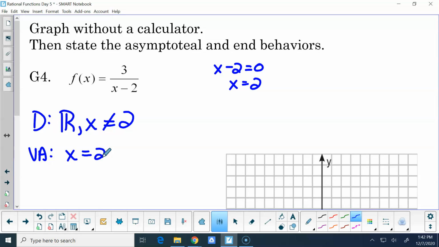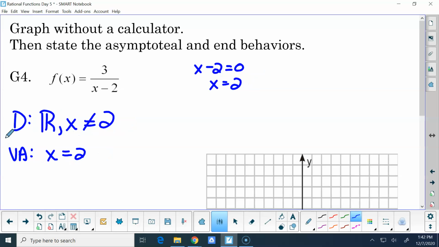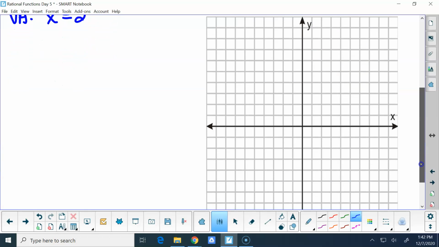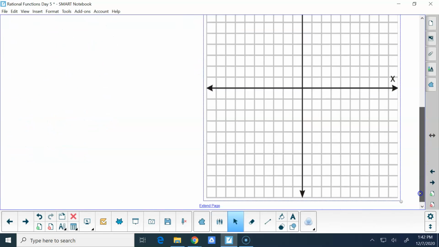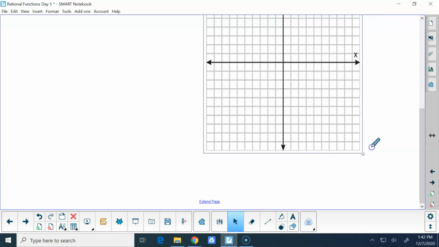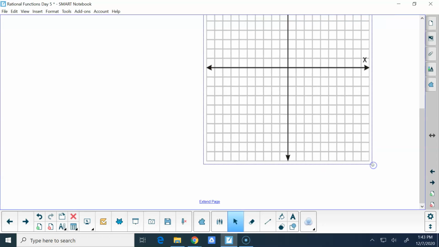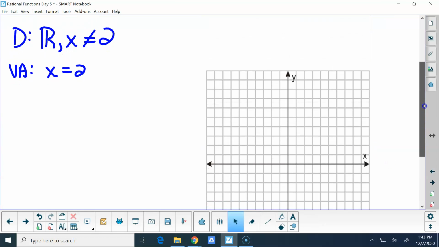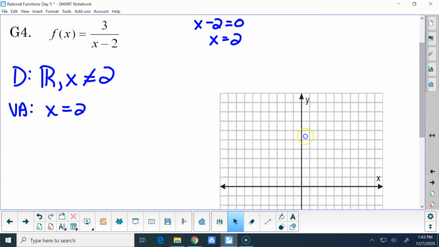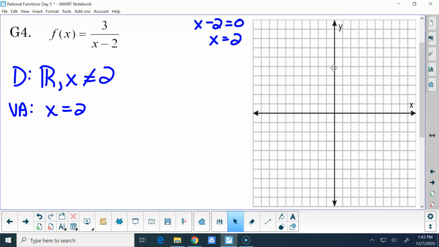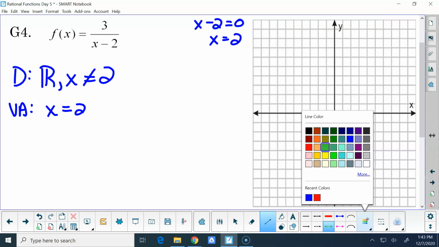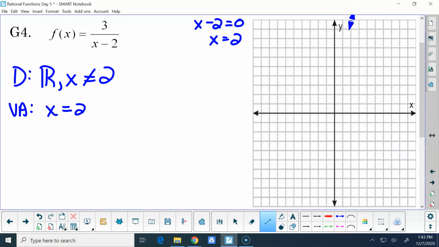So I go over here and make this graph a little smaller. There we go. Now it's all on one page. So I've got a vertical asymptote, and it's going to be at 2.